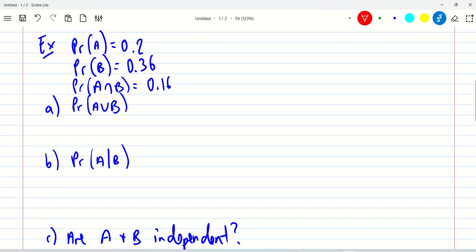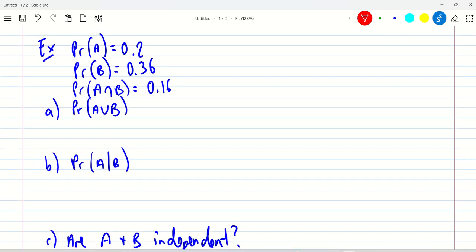Okay, so let's have a look at this. The probability of A is 0.2, the probability of B is 0.36, and the probability of A intersect B is 0.16.